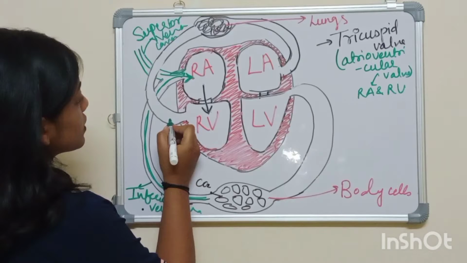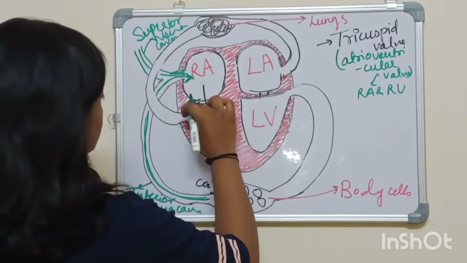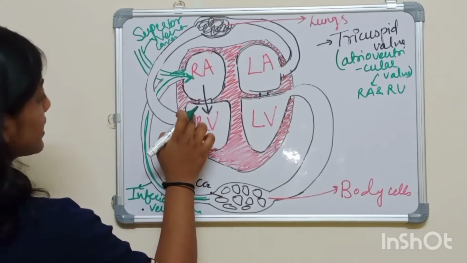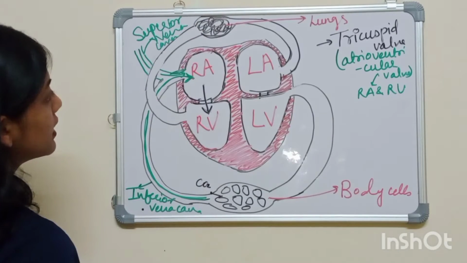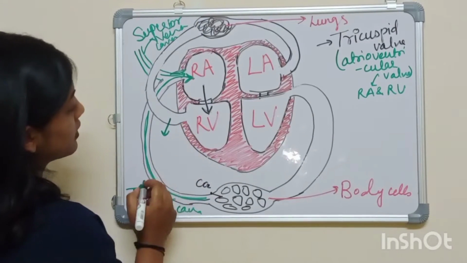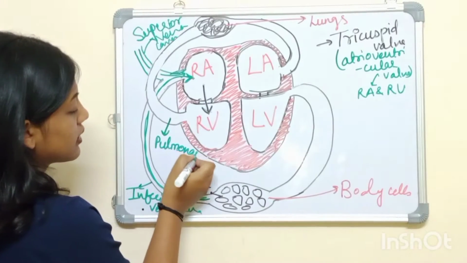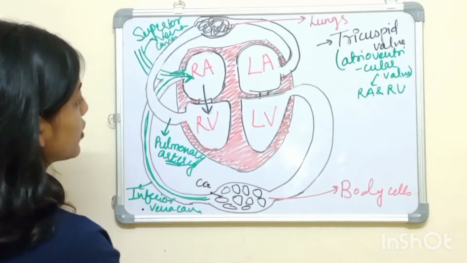So the pathway or this tube-like structure that opens from the right ventricle and goes to the lungs is called the pulmonary artery.